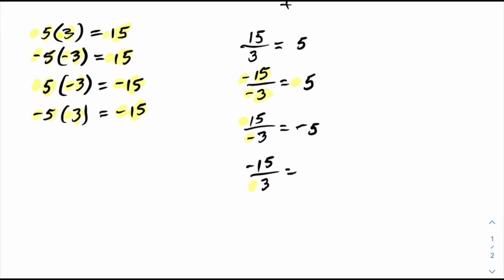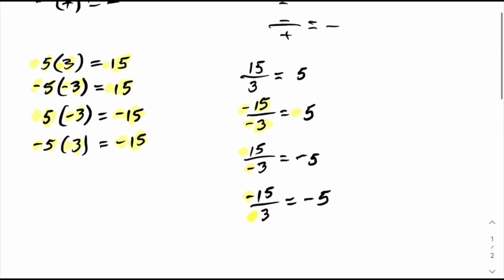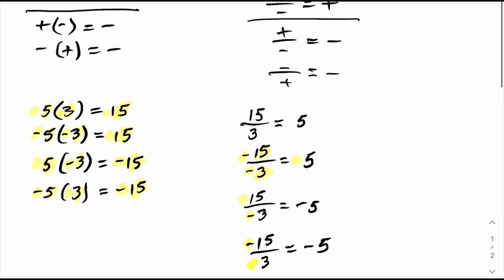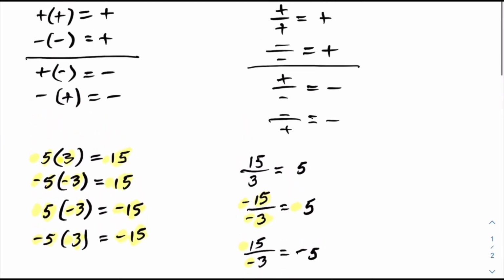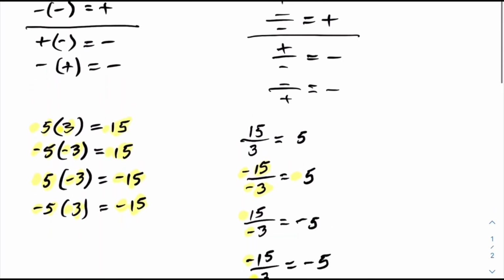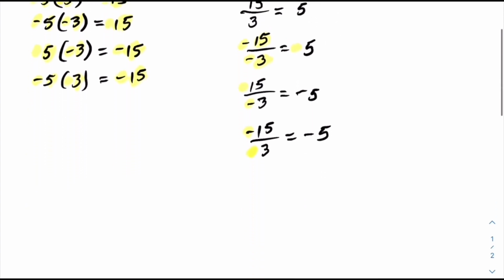No sign means positive. Negative divided by positive is negative 5. So that's working with multiplication and division.